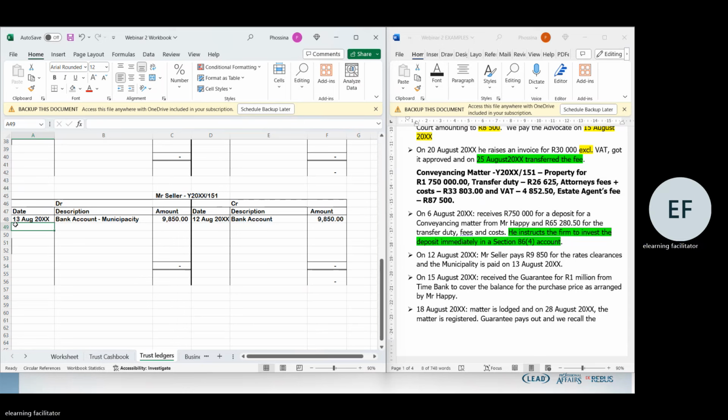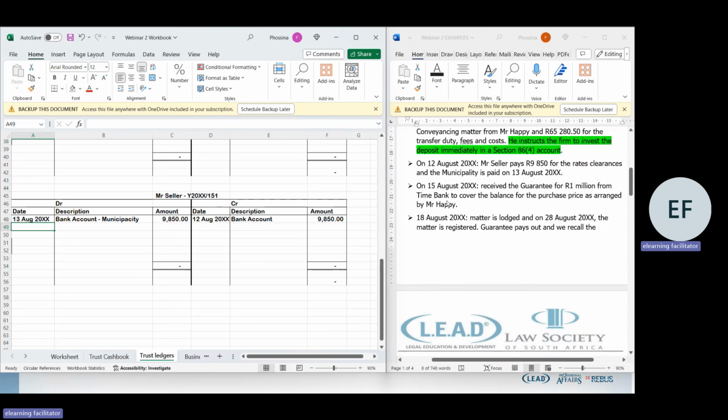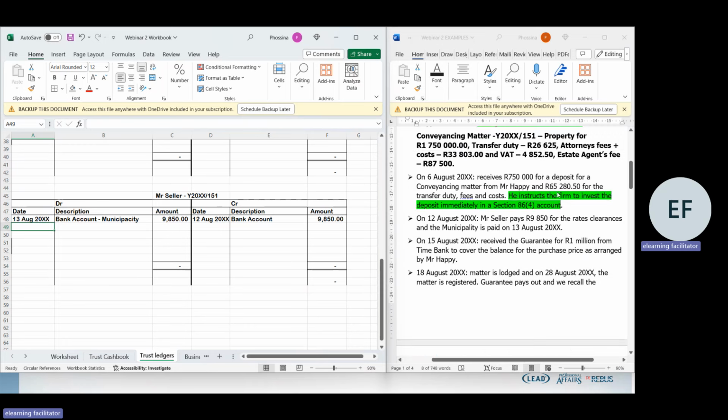Okay. And then we are told that on 15 August 20XX, we received the guarantee for 1 million. If you look at this transaction, it's for 1.750 million, and we received 750. So in a conveyancing transaction, usually the purchaser approaches the bank and says, I want to buy a property.